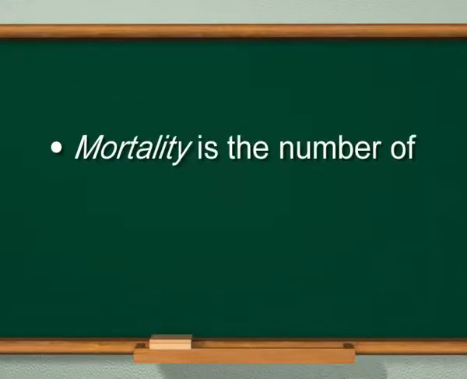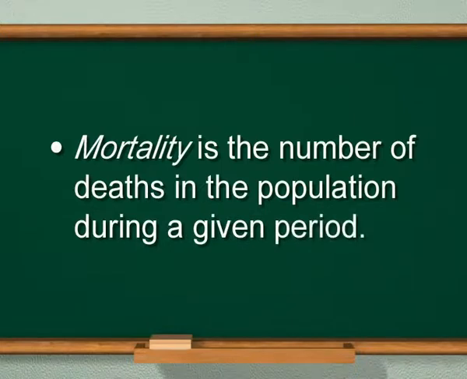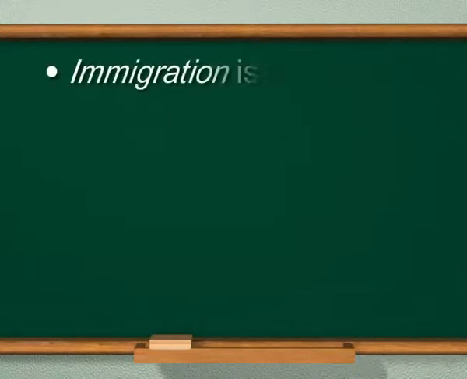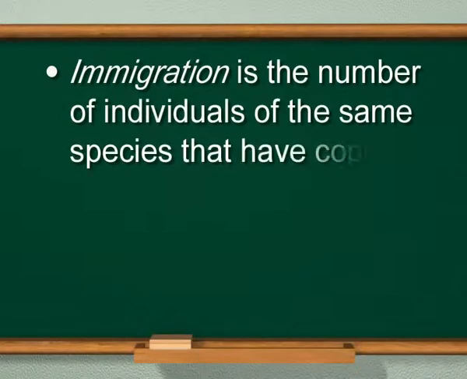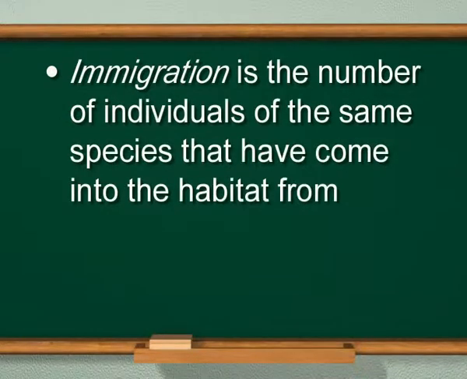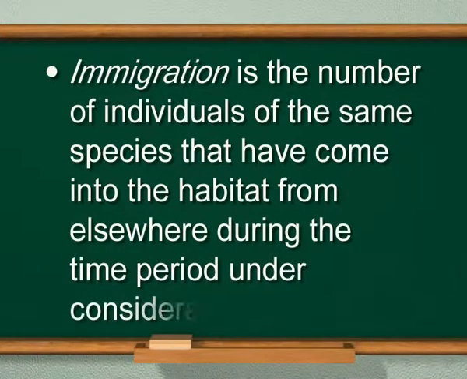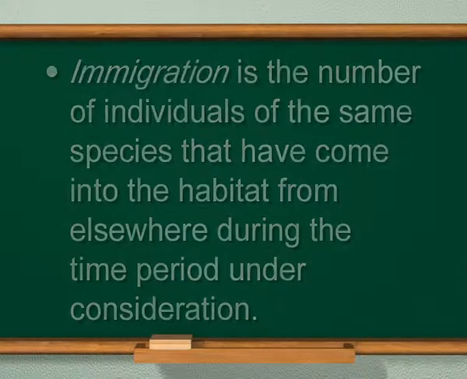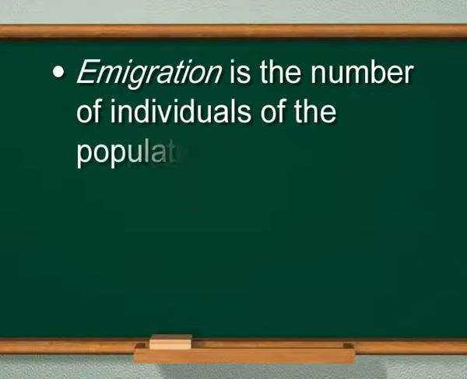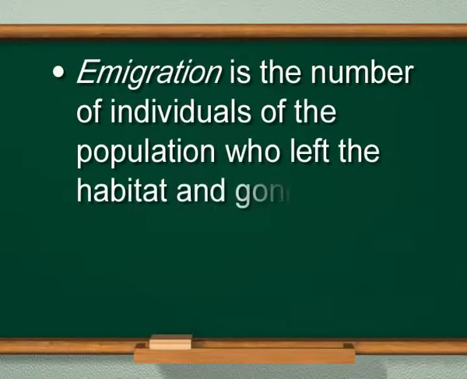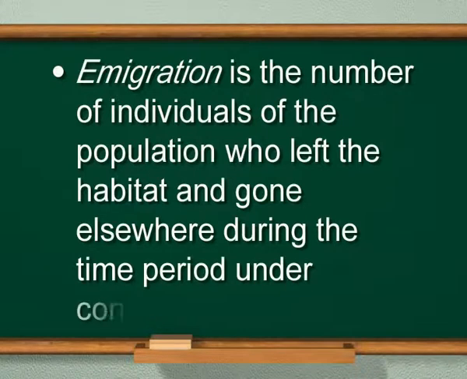Mortality is the number of deaths in the population during a given period. Immigration is the number of individuals of the same species that have come into the habitat from elsewhere during the time period under consideration. Emigration is the number of individuals of the population who left the habitat and gone elsewhere during the time period under consideration.